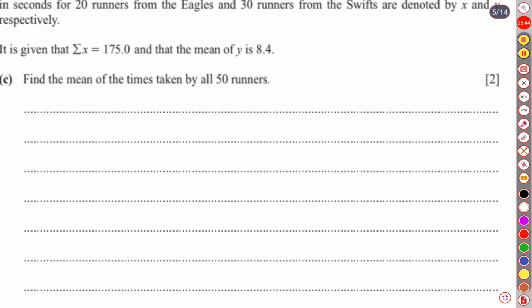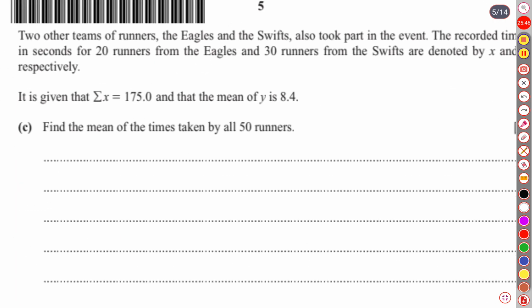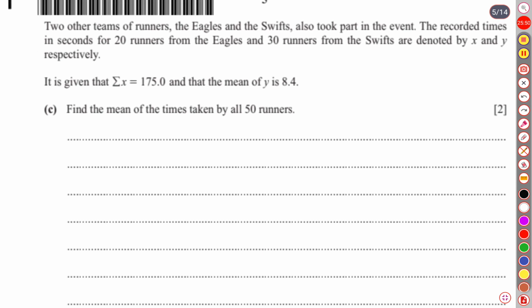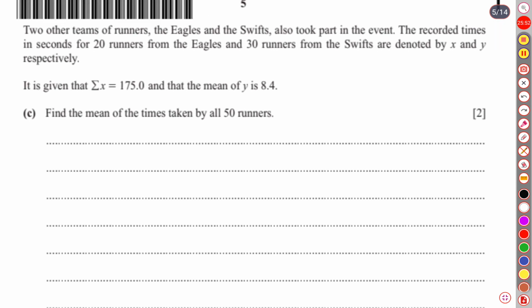It says that two other teams of runners, the Eagles and the Swifts, also took part in the event. The recorded times in seconds for 20 runners from the Eagles and 30 runners from the Swifts are denoted by X and Y respectively. It is given that sum of X is equal to 175.0 and the mean of Y is 8.4.